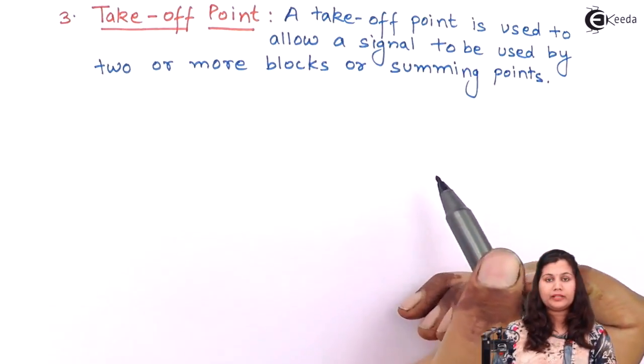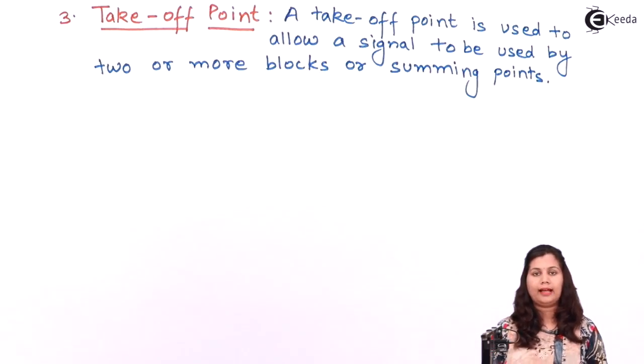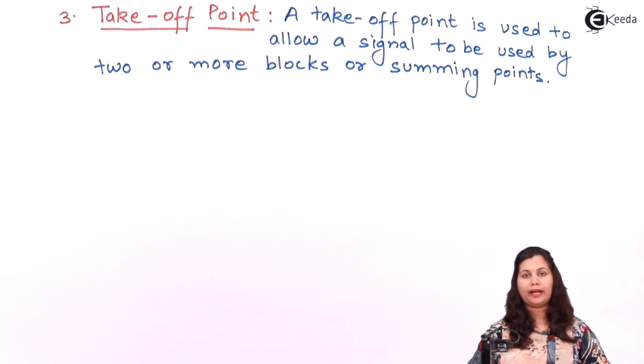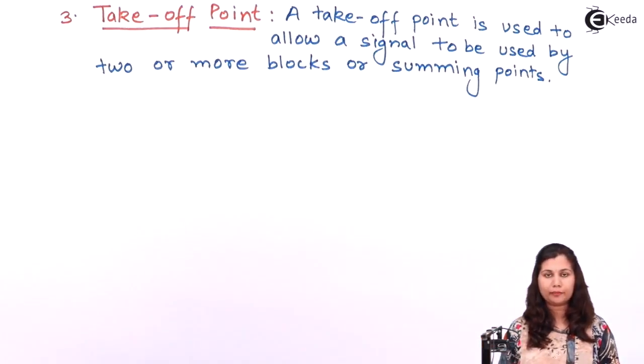So through a takeoff point we can use a single signal, and this signal can be used by two or more blocks or summing points. So let's see how we represent a takeoff point.